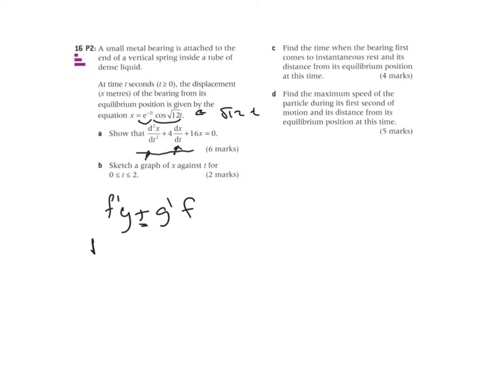So dx dt is going to be, I'm going to do the first one, the derivative of the first one is going to be negative 2e to the negative 2t times cosine of root 12t plus, I write e function multiplied times the derivative of the cosine root 12t.